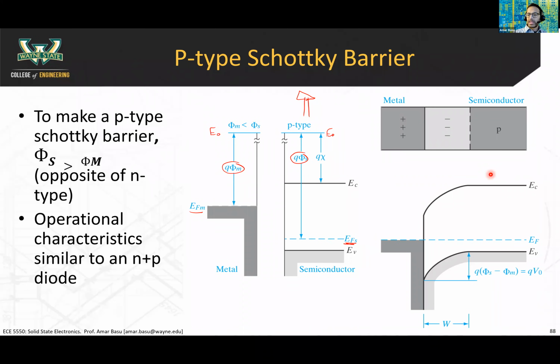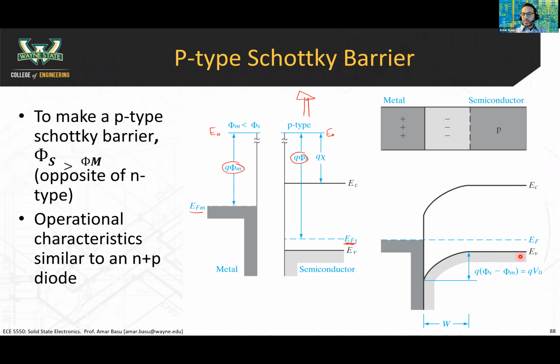Instead, since it's a p-type semiconductor, we turn our attention to what the holes are doing, so we look at the valence band. Just below the valence band there may be a region which has some holes in it, which I think is represented by this light shaded area.